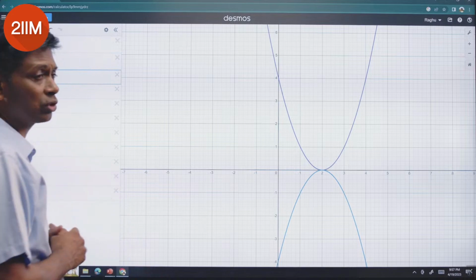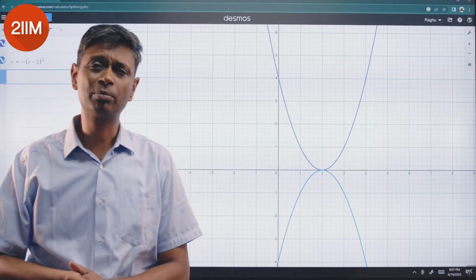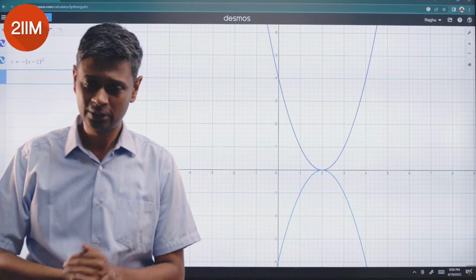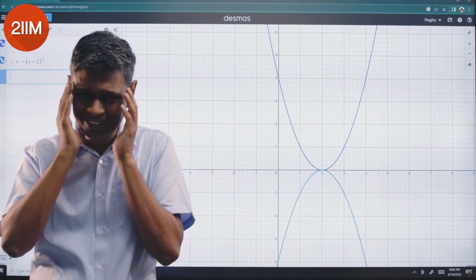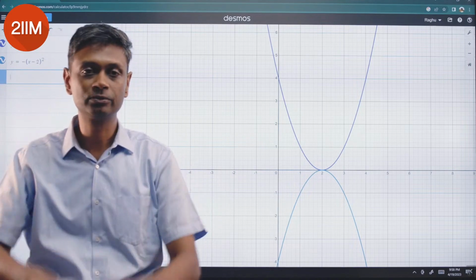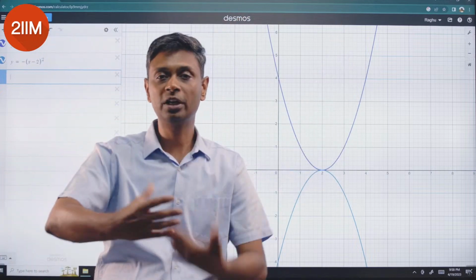Minus of (x minus 2) the whole square. So if you can draw x square minus 4x plus 4, we can draw minus x square plus 4x minus 4. Draw the easier thing that we can imagine, and then the minus is just a flip of it. This is a parabola like this, minus will be just a flip of it, inverse.